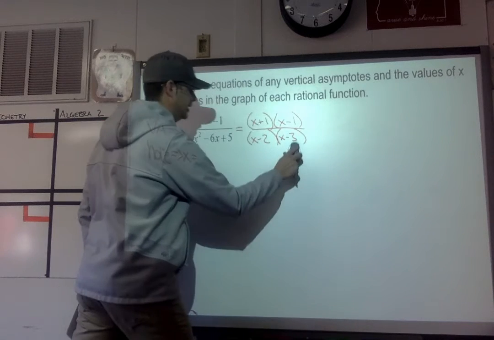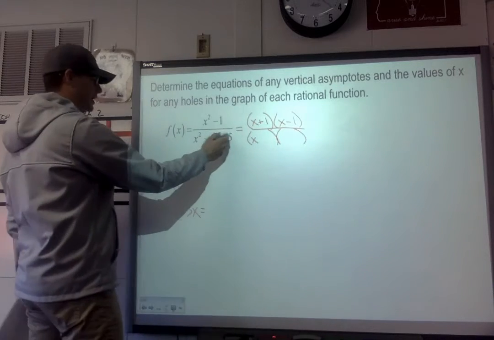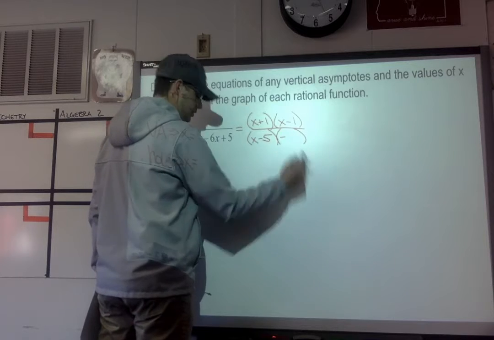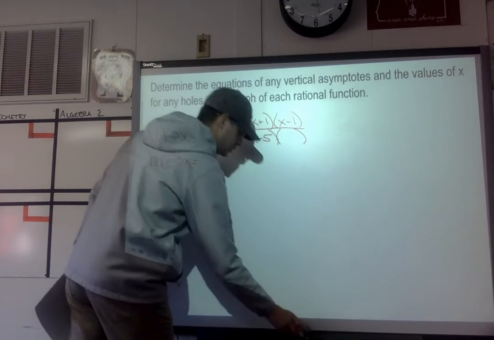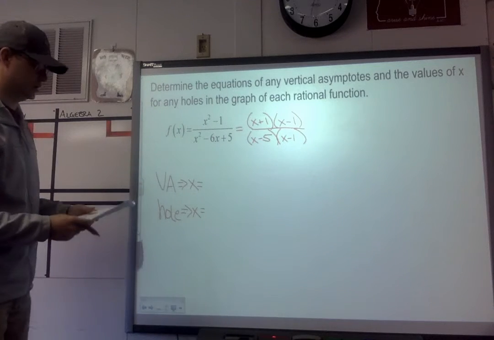Sorry about that. I was thinking multiply to 6, add to 5. Multiply to 5, add to -6 would be -5 and -1. So x minus 5 times x minus 1.